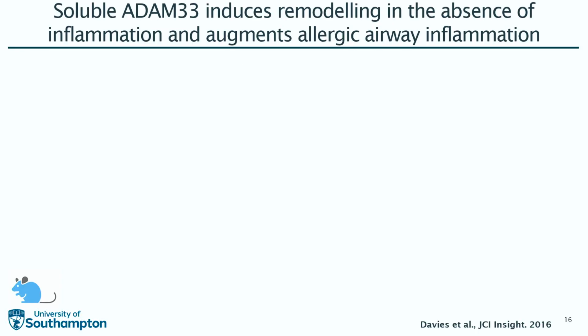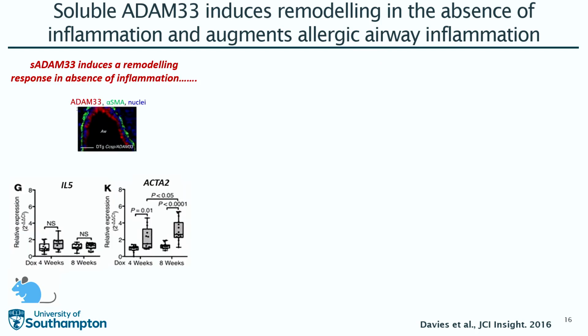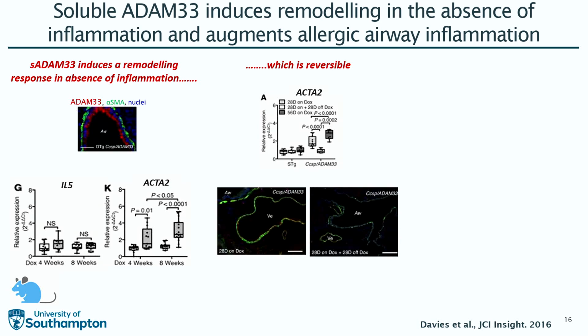In a mouse model, again, Lizzie Davies and Hans-Michael Hitchie could induce soluble ADAM33 within the mouse model. And what was a key observation is that we don't get inflammation, but we get remodeling in that mouse model. And actually, it is reversible.